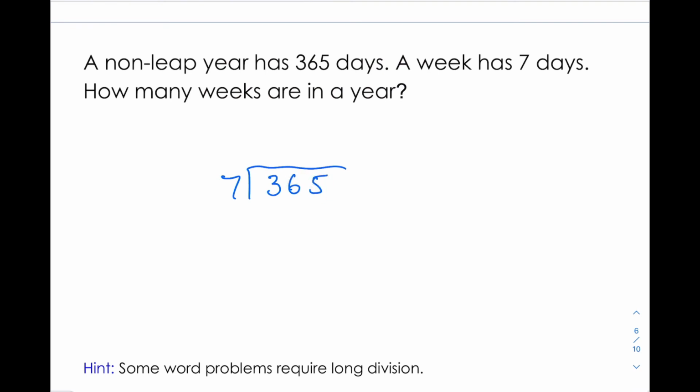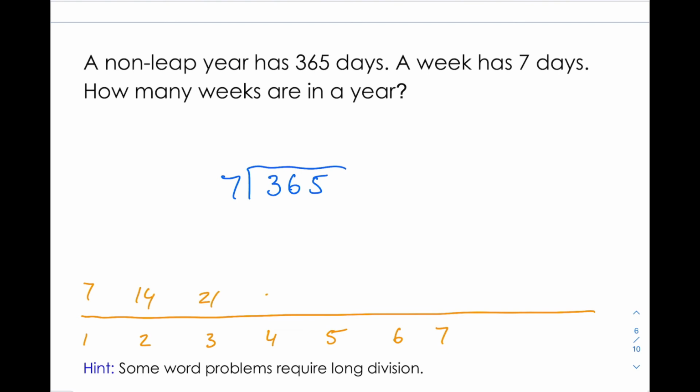A number line might be helpful. So we have 7, 14, 21, 28, 35, 42, 49. So I just skip counted by 7. So I could see how many 7s fit into 36? Well, if I do 5 times 7, I'm going to have 35. So that's the closest. So I'm going to put a 5 up here.